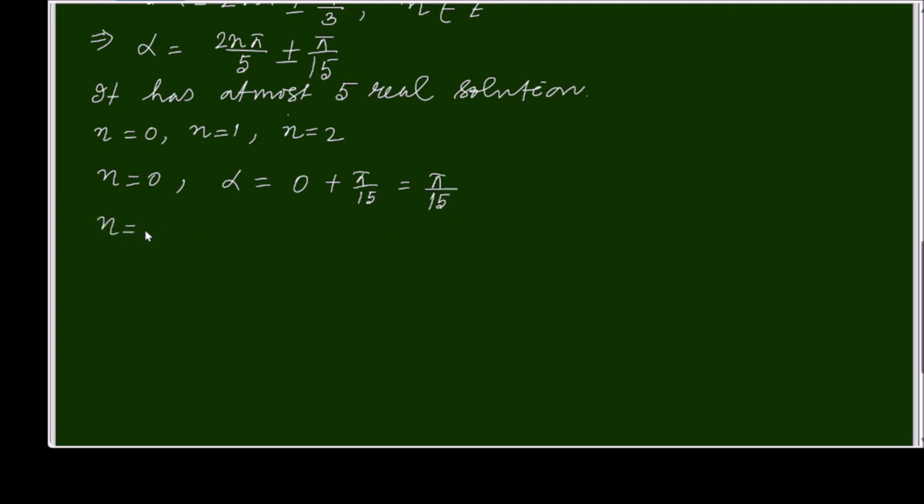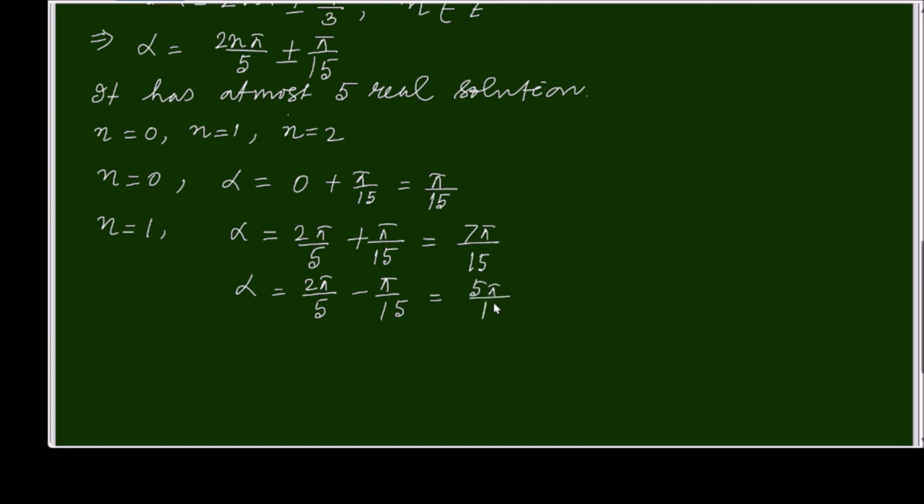Now n is equal to 1, that time alpha is equal to your 2 pi by 5 plus pi by 15 and 2 pi by 5 minus pi by 15. So this will be 7 pi by 15, and this is equal to your pi by 15, 5 pi by 15, that will be pi by 3.